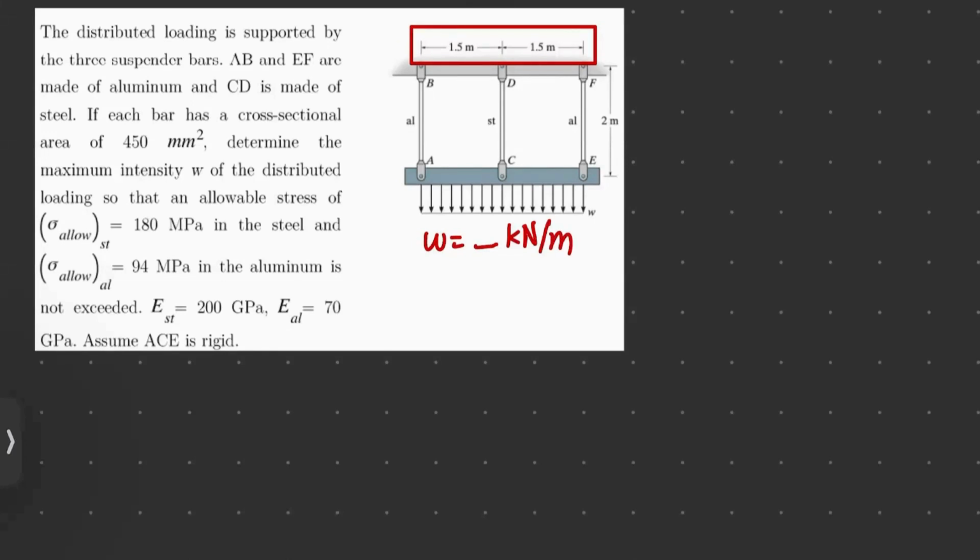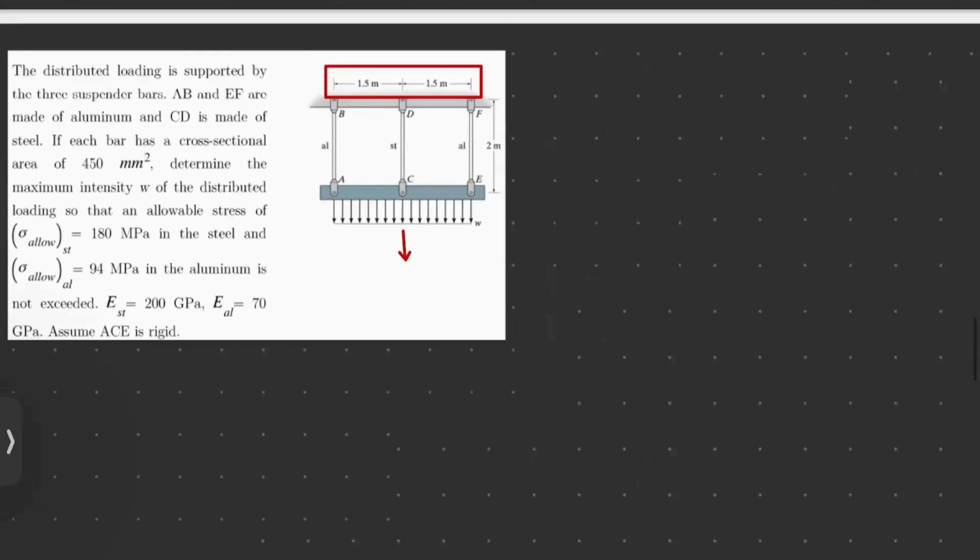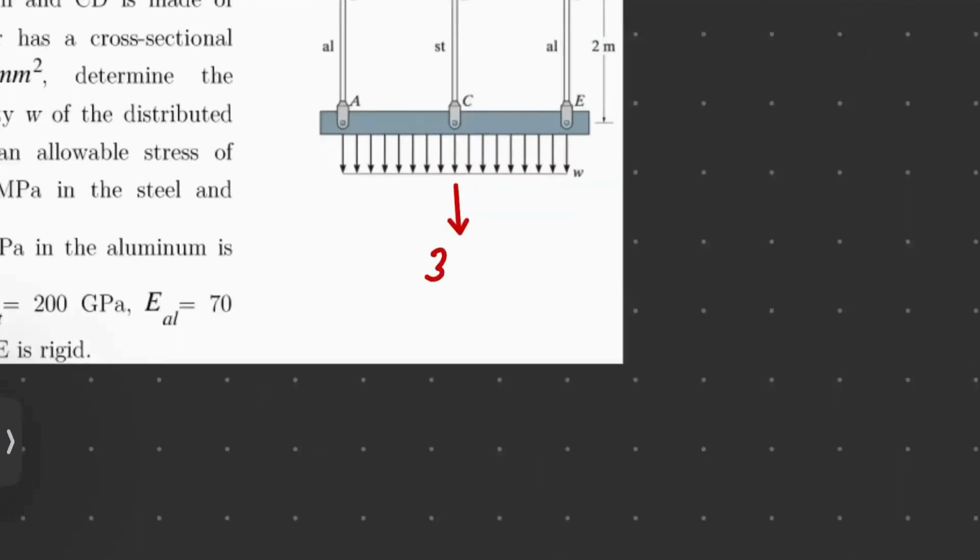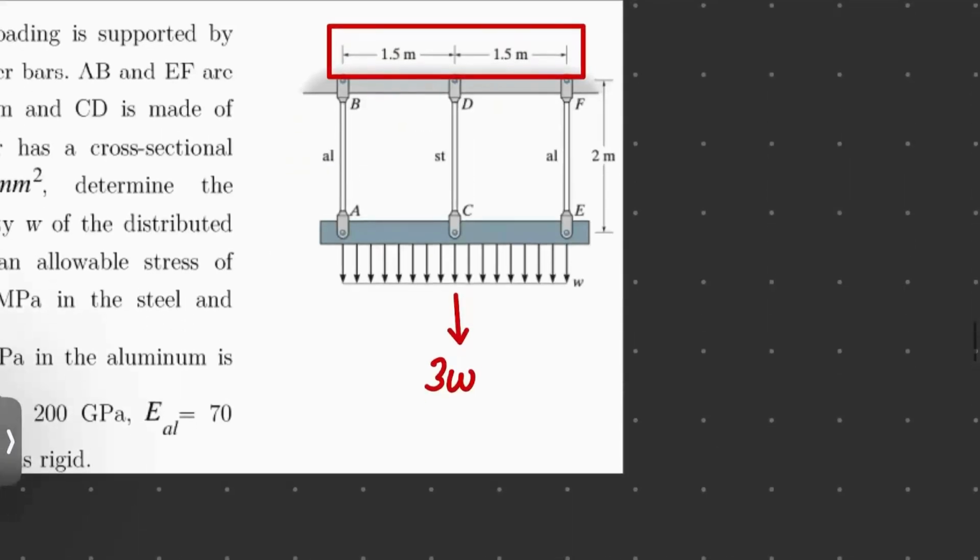Given this information, we can apply it at the center, which would be pretty similar to how you would apply something in our ENGMEC1 when we get the centroid. It's applied at the center, right? So this would be a total of 3W, considering that the length is 1.5 plus 1.5 times the intensity.